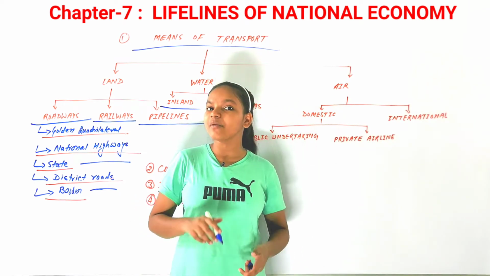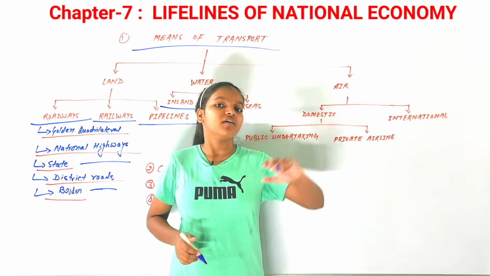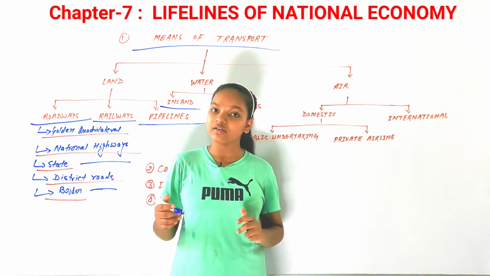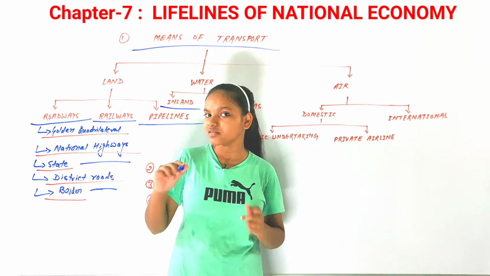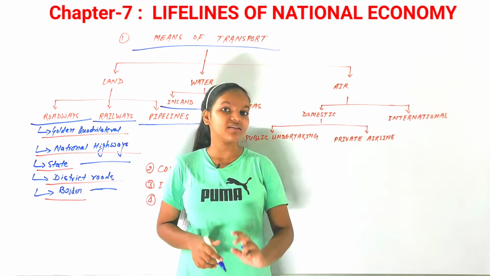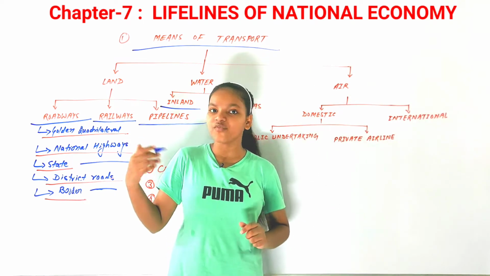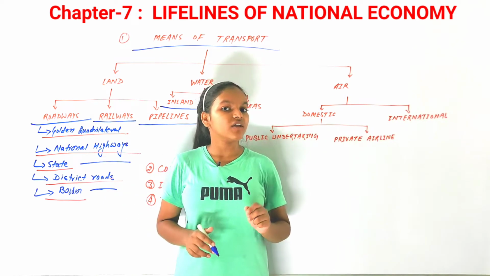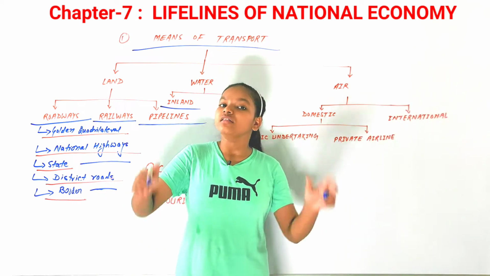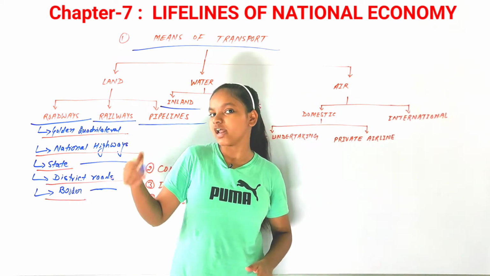Now firstly, there are about 5,685 kilometers that are navigable by mechanized vessels, and on the basis of that there are 5 national waterways declared by the National Inland Waterways of our country. The first national waterway is the Ganga, which lies from Haldia region to Allahabad.